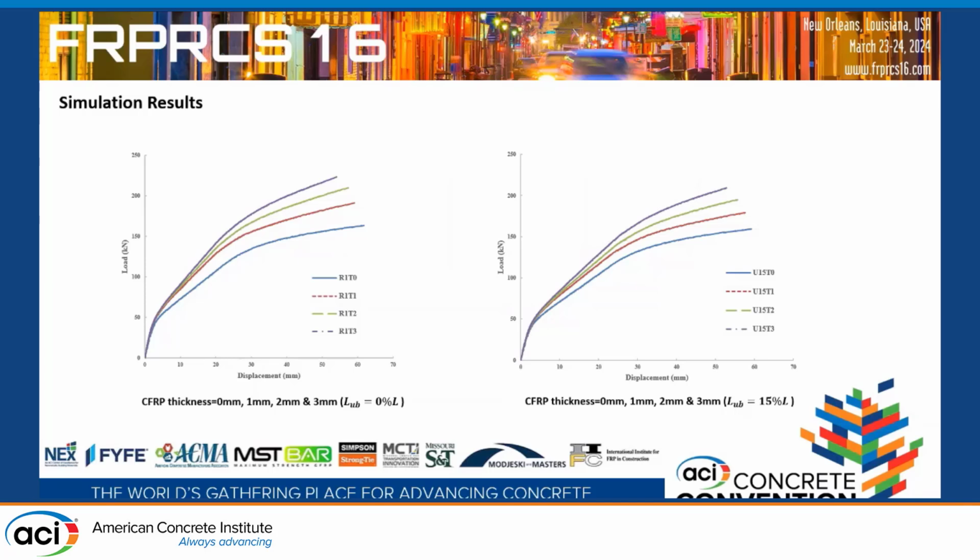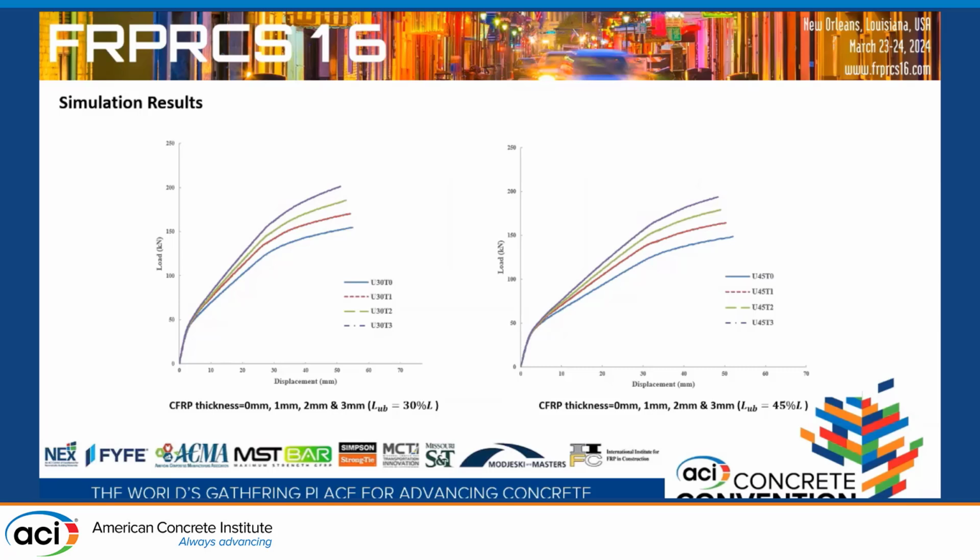The second one is the beam with 15% unbonded lines, and also with 0, 1, 2, 3 millimeter CFRP thickness. The third one is 30% unbonded lines. The last one is 45% unbonded lines. We can see the same trend in all four charts.